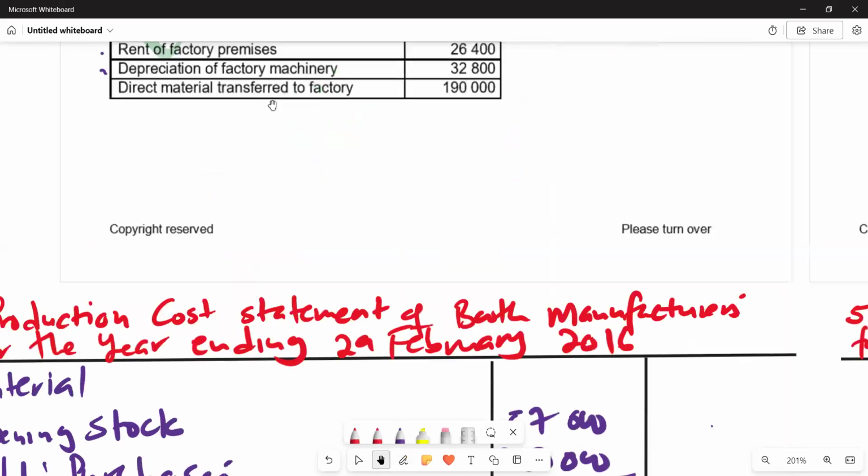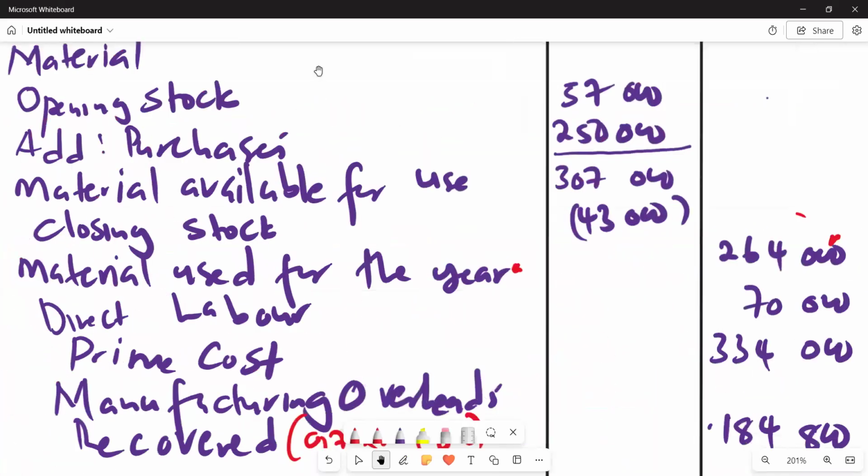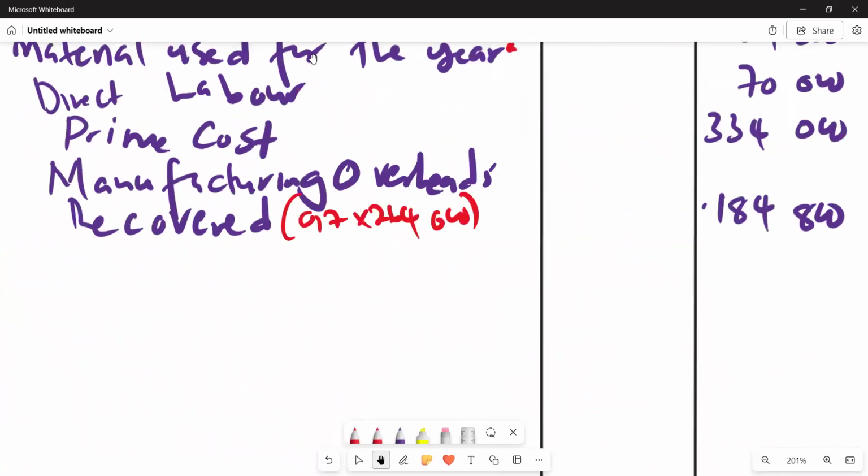So you can just go there and list them. We are saying we have got indirect labor, 44,000.